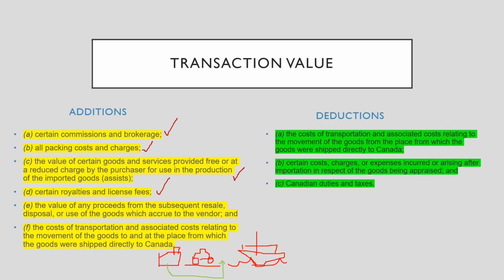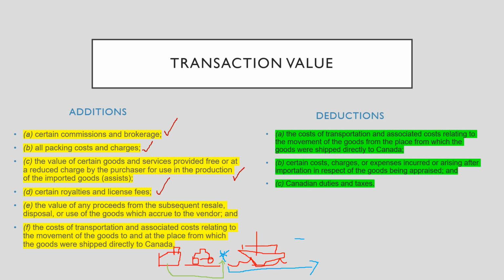The deductions will be the cost of transportation and associated costs related to the movement of the goods from the place from which the goods were shipped directly to Canada. So once they're at the port, like here, you also have a cost of freight, let's say a marine freight that you have to pay. This cost will actually be deducted from the price of the goods.